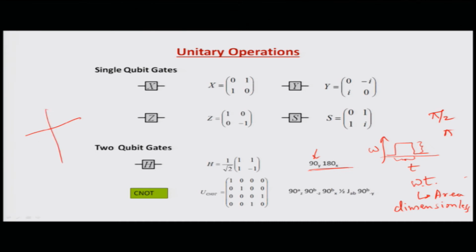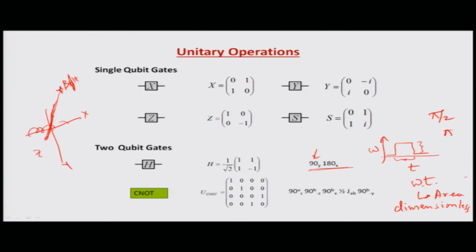So, the field is propagating along the z dimension, as we have discussed. This is the z dimension applied field, B or H, whichever way you look at it, and the x and y are the ones along which the RF is being applied.